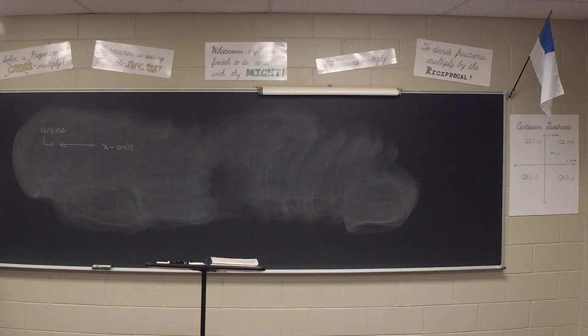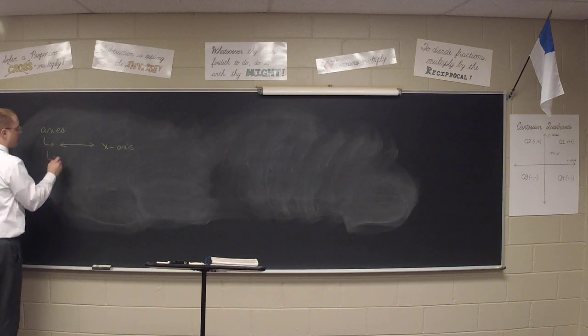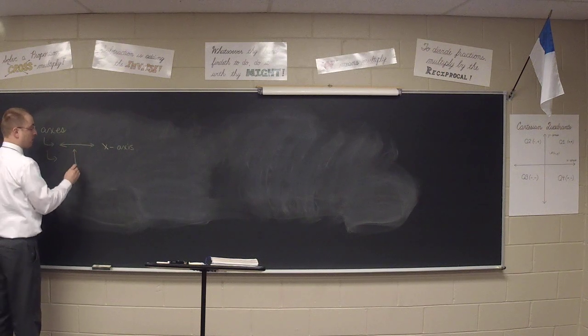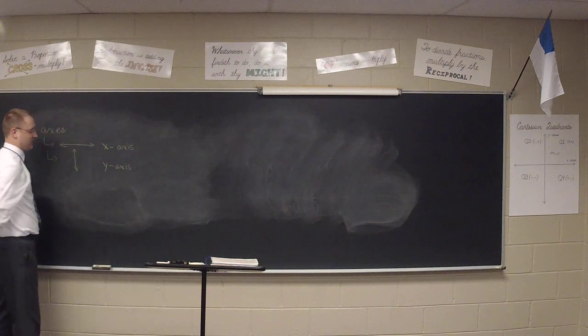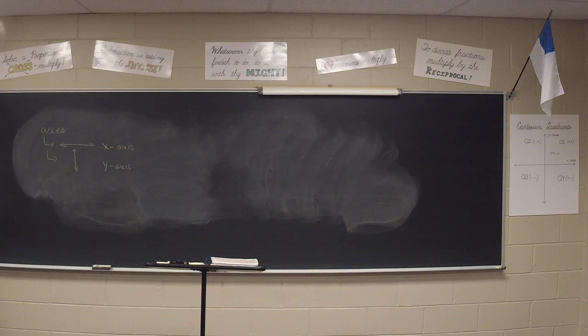The x-axis is your horizontal number line. This is the number line we're used to working with, right? And the vertical number line that runs perpendicular to it is called the y-axis. The y-axis. So we have two key variables we'll use in algebra, x and y.